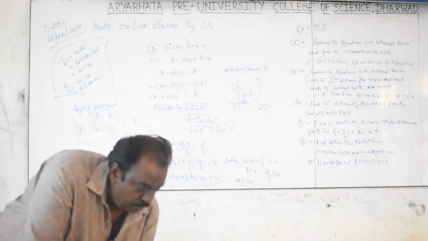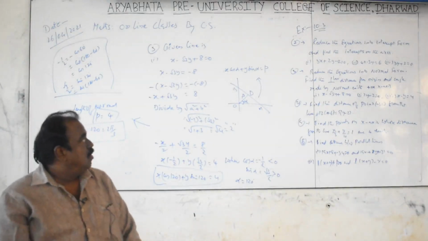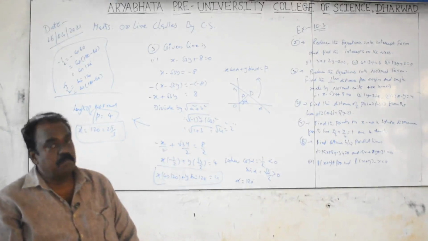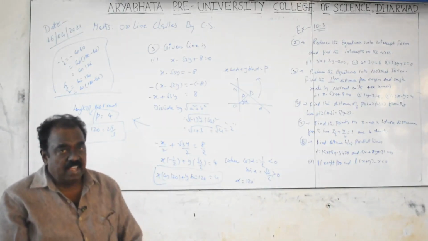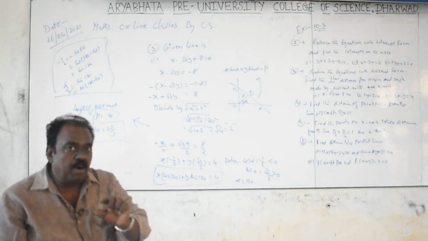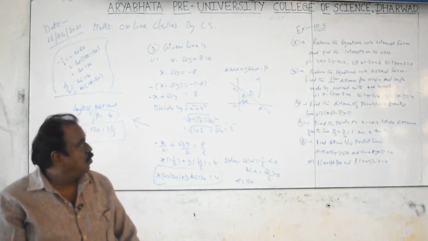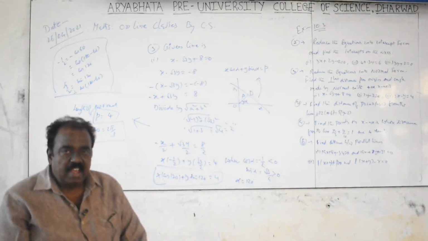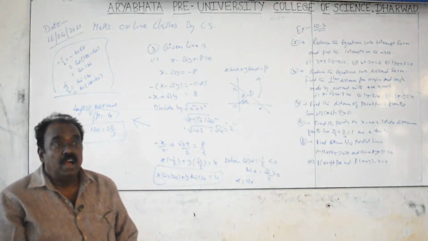Just observe. This type of question, reducing the given equation into the normal form, is very important and was already asked in previous exams. Three problems are there, and in the example also a problem is there.